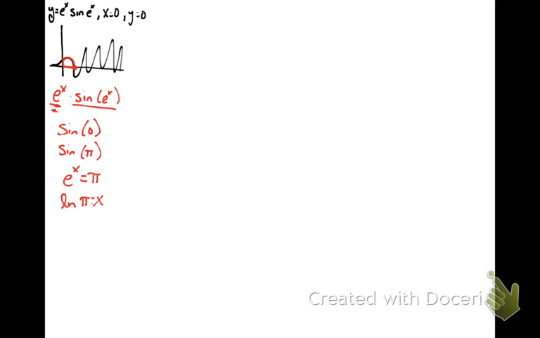That's the x value, which tells us about our integral. Our integral is going to go from 0 to the natural log of pi, and we're integrating e to the x times the sine of e to the x dx.